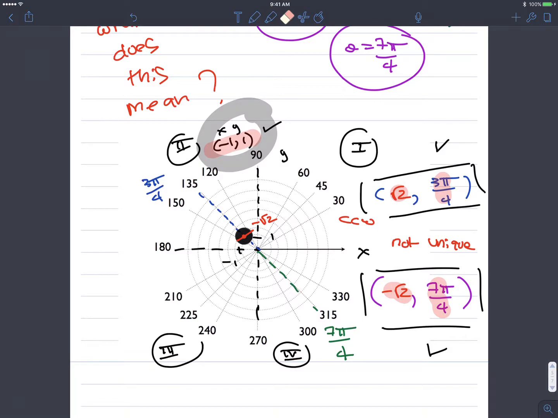Use your definitions and what's consistent with whatever quadrant that rectangular coordinate is in. If it was in quadrant 1, use the information for r and theta consistent with a quadrant 1 answer. If it's in quadrant 3, use the polar information consistent with quadrant 3, and so forth. If your rectangular point is in quadrant 4, use the polar representation that describes a quadrant 4 solution. That's it.